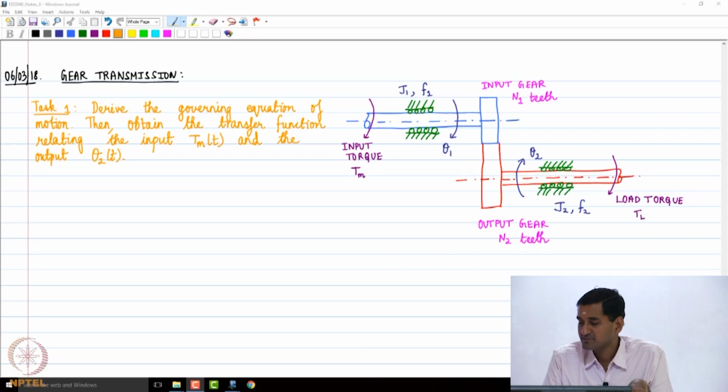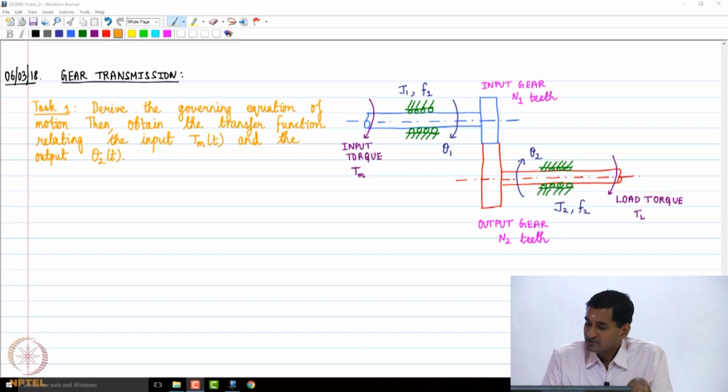The angular displacement of the output shaft is going to be theta 2, and J2 is the moment of inertia of the output shaft assembly along with the output gear. F2 is the corresponding friction coefficient for the output gear. Consequently, the torque used up in overcoming friction of the output shaft is going to be F2 times omega 2.